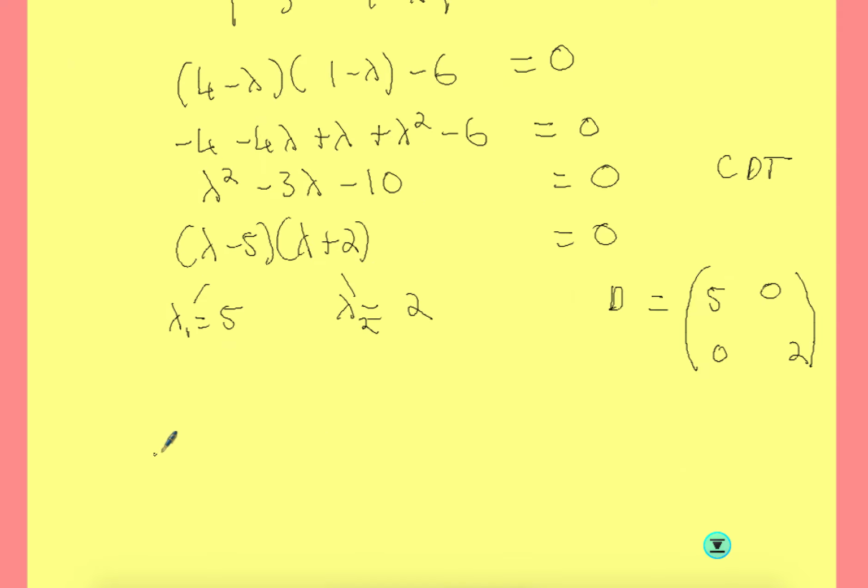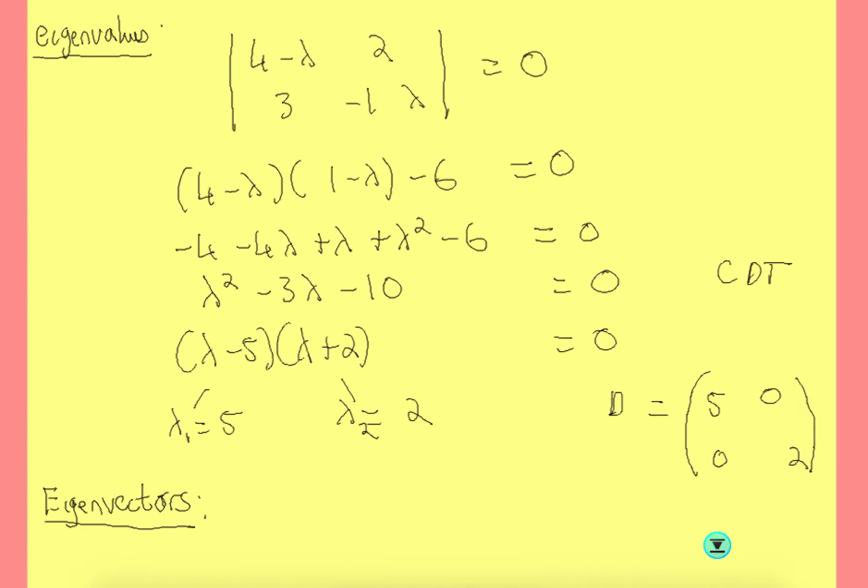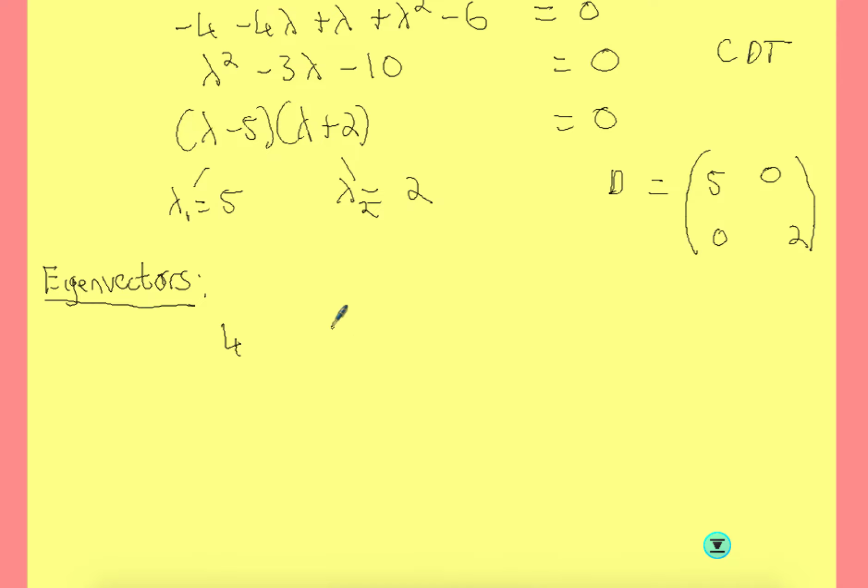Right, so eigenvectors. Two by two eigenvectors are dead easy. So we just take our matrix 4, 2, 3, negative 1, and we take away lambda from the diagonal. And this time, because it's 2 by 2, we're multiplying by x1 and x2.